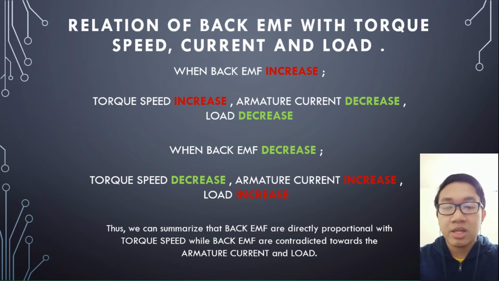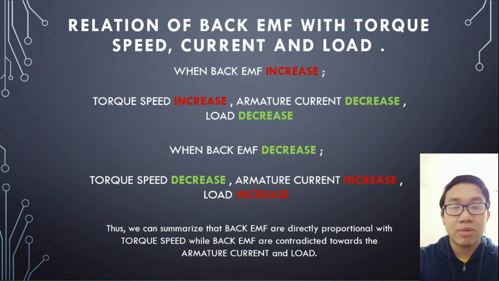When we increase the back EMF, we at the same time increase the torque speed, but the armature current and load will decrease. In the other scenario, when we decrease the back EMF, the torque speed will decrease, but the armature current and load will increase. Thus, we can summarize that the back EMF is directly proportional to torque speed, while the back EMF is inversely related to current and load.